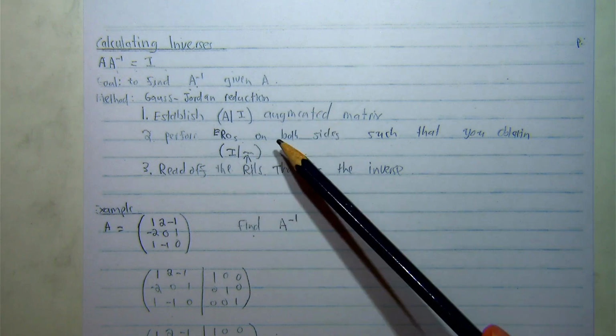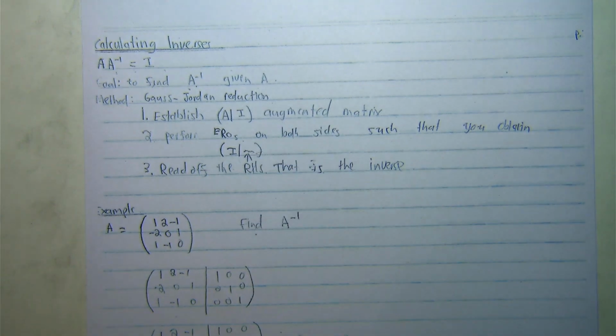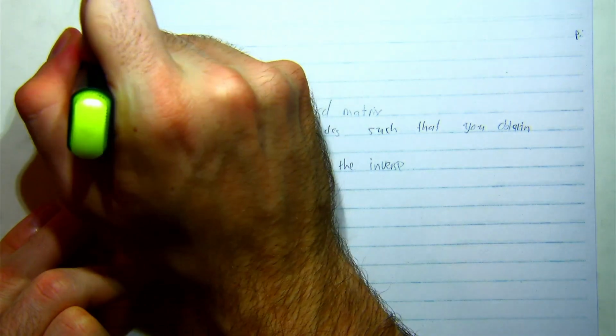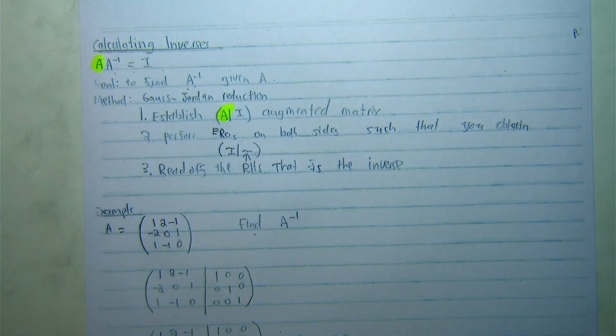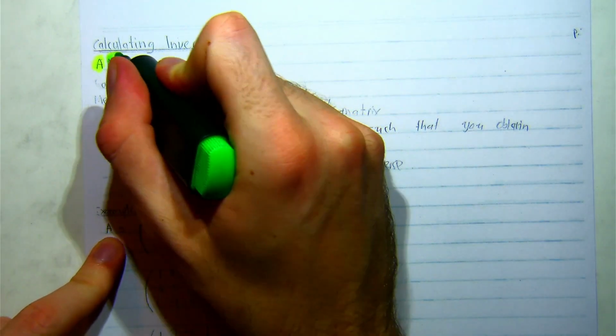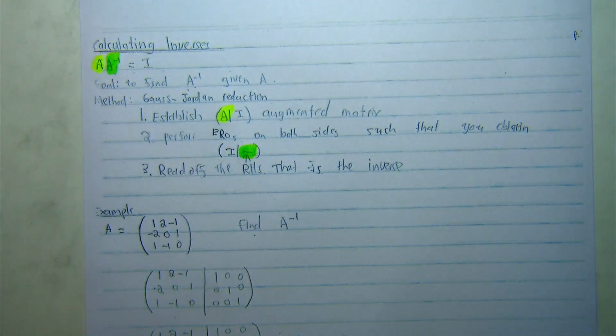And according to this method, whatever's left on the right is the inverse, A to the minus 1. So if you start with A here on the left, and then you rearrange things, you will get A inverse as whatever is there on the right using this method. And then that's it.